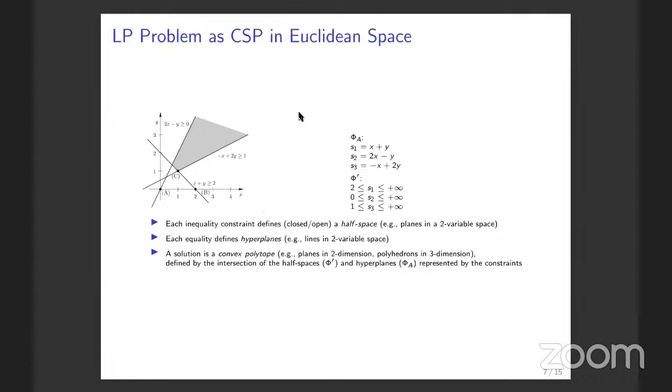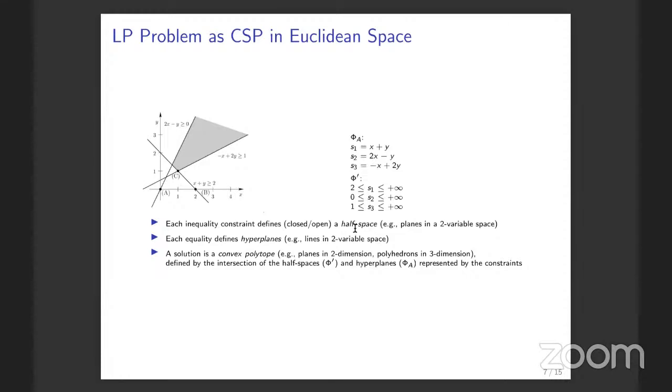It helps, at least to see why this is working, to see it as a constraint solving problem in Euclidean space. Each inequality constraint defines what are called half spaces.